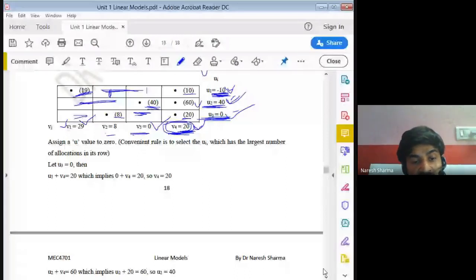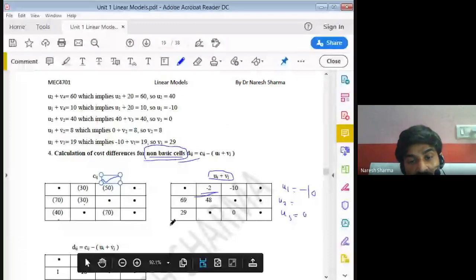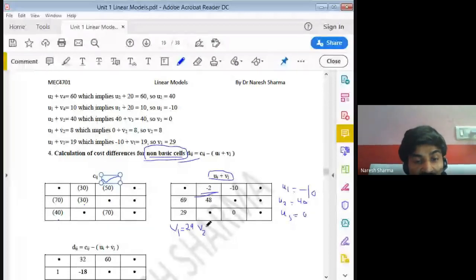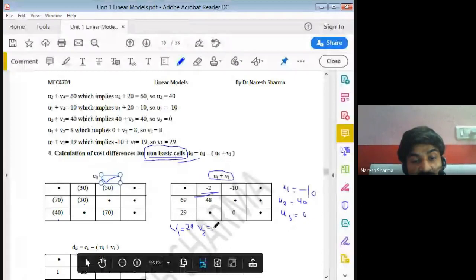V1 you have already done is 29. Similarly, V2 we already calculated is, I think, 8. V3 is your 0.